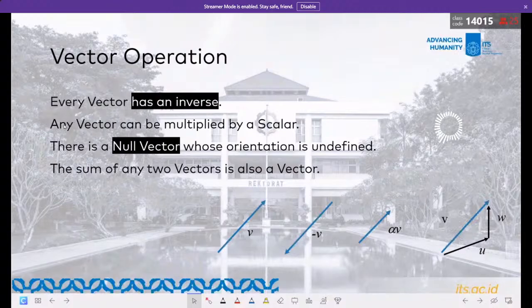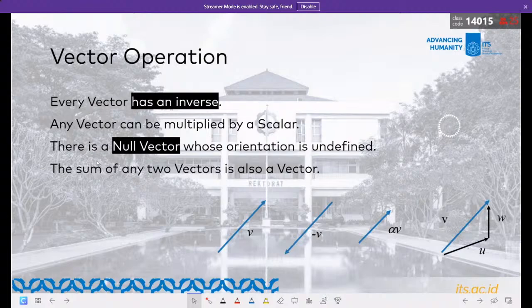And then any vector can be multiplied by a scalar. So alpha in this case is the scalar, and v is the vector. This arrow represents the vector v, and alpha is the scalar that will be multiplied to the vector that we have.